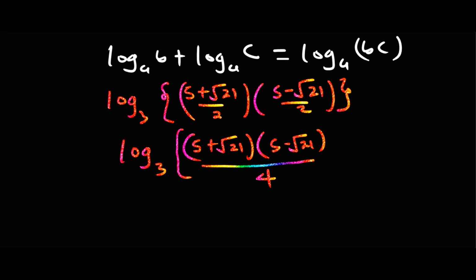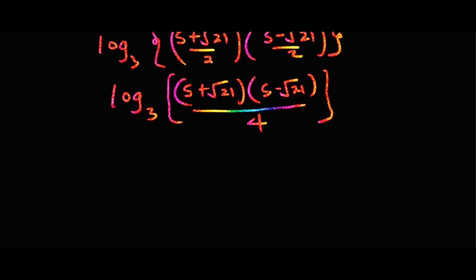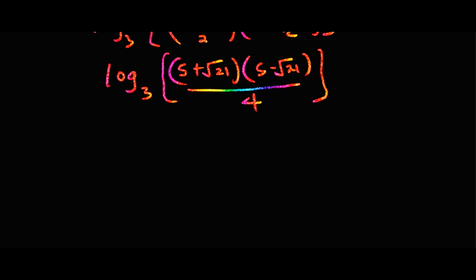So that is what we have. In the numerator, it's like you're multiplying a surd by its conjugate. So that will be log to base 3 of 5 squared minus root of 21 squared, over 4.